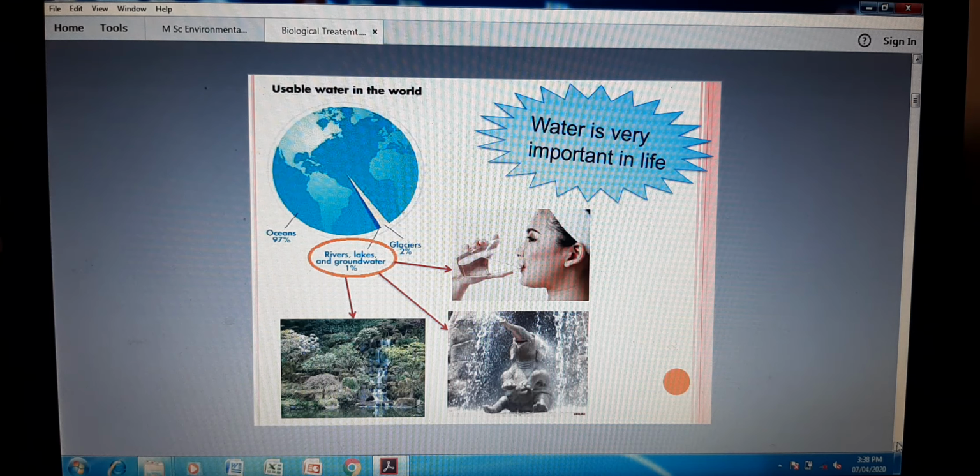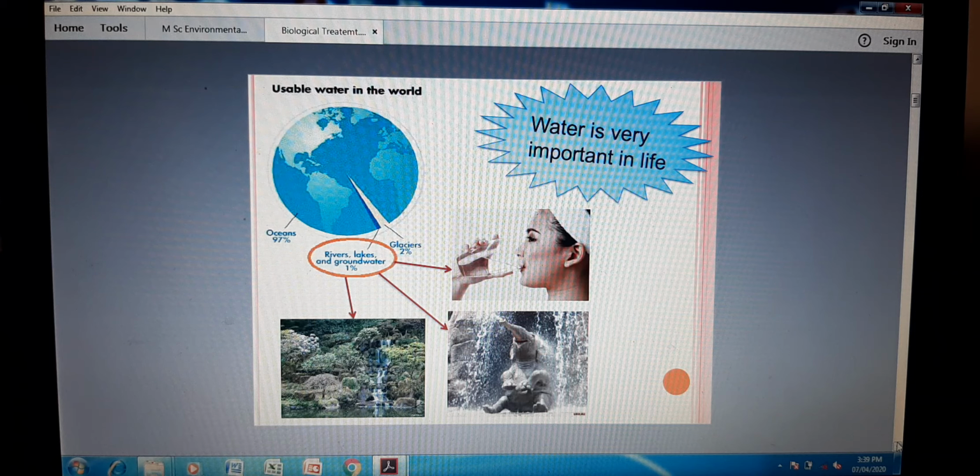As we know and are aware, 97% of water is covered by the ocean, which is not useful. But nowadays, day by day, technologies are coming and they are converting it into desalinated water. Also 2% is in glaciers. Most of the researchers or research organizations are also thinking about this particular resource.